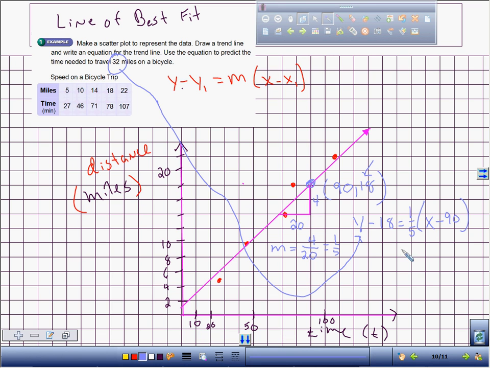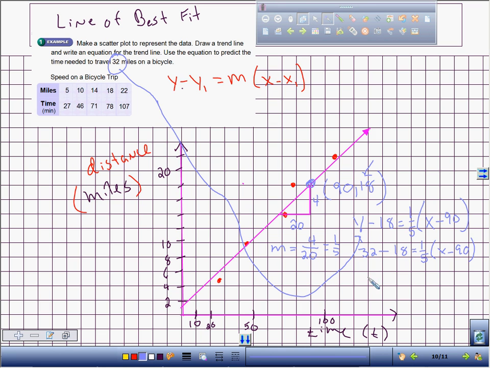So if I do that, I get 32 minus 18 equals 1/5 x minus 90. And they're asking you to solve this for x, okay? Figure out what the time is when y is 32.